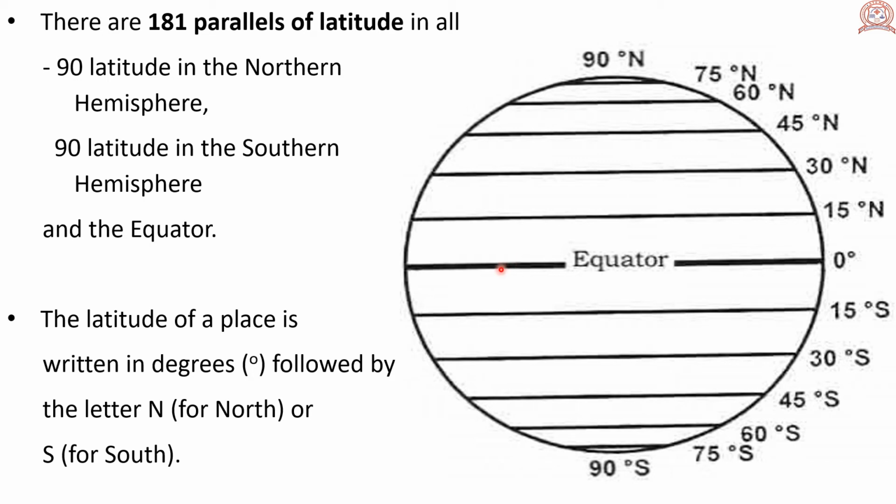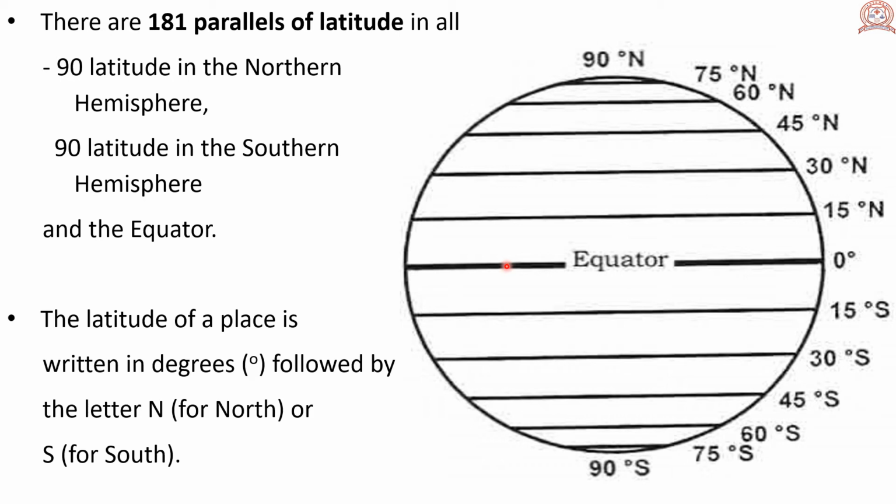Likewise, from the equator 1, 2, 3, 4, 5 up to 90 latitudes in the southern hemisphere. That is 90 plus 90, 180, and 1 equator, 180 plus 1, 181. That is, there are 181 parallels of latitude in all.